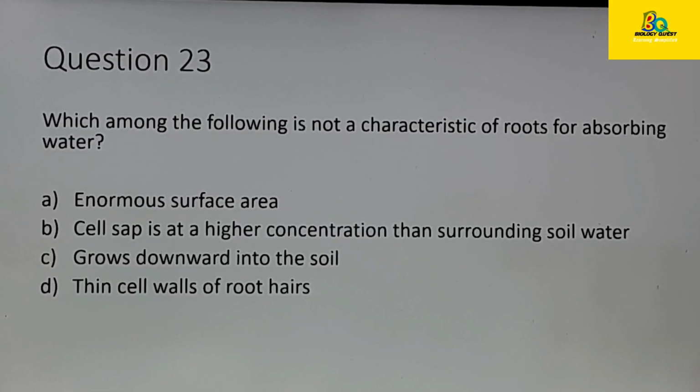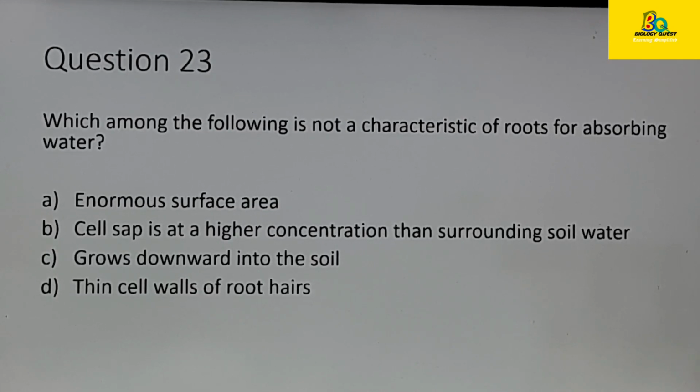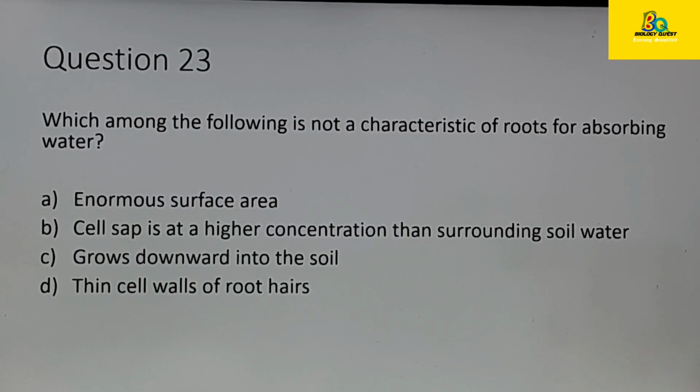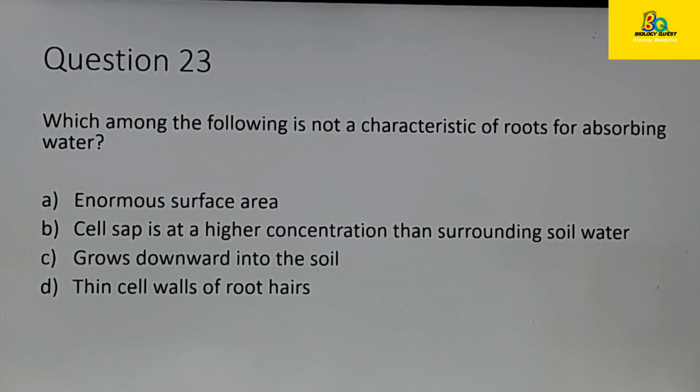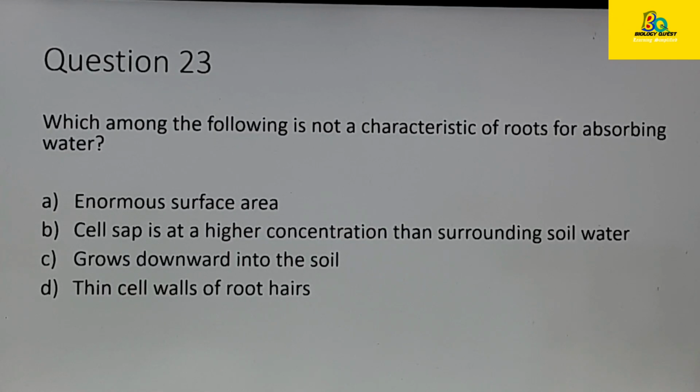Second is, cell sap is at a higher concentration than surrounding soil water. That is also true. The cell sap of roots is at a higher concentration than the surrounding soil water. So this enables the inward movement of water. Since the cell sap is highly concentrated, water moves from the soil solution or soil water into the root.